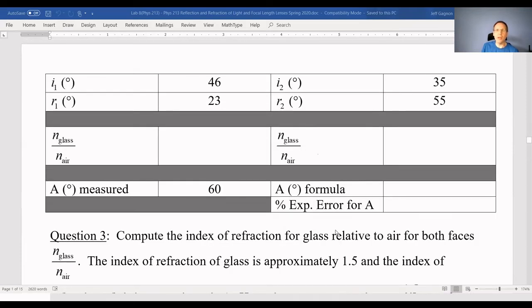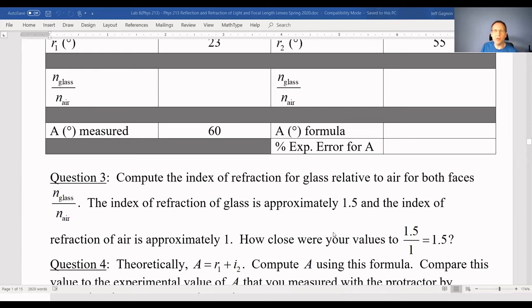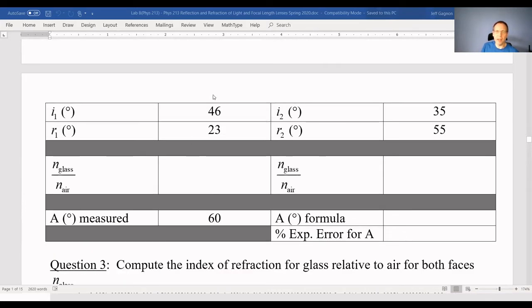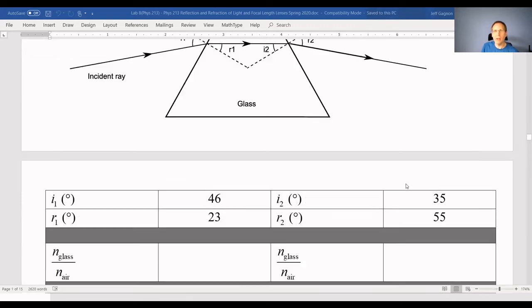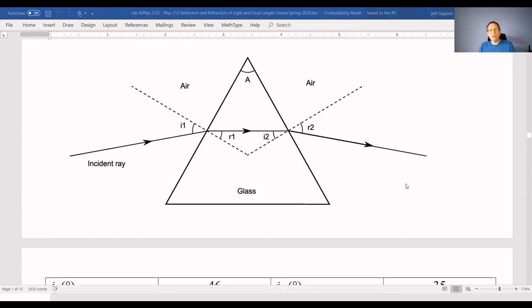Okay, so question 3. What I want you to do is compute the index of refraction for glass relative to air for the first phase, using this information, and then for the second phase. So how do you do that? Well, you're going to have to write this out. Think of Snell's law.